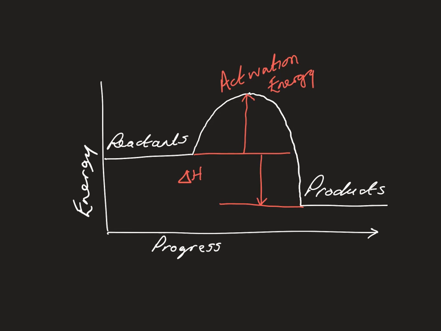In other words, this is what we would call the enthalpy change. And the enthalpy change is the total change in energy for that chemical reaction. And because this arrow points in a downwards direction, this tells us that this particular energy level diagram is for an exothermic reaction. Exothermic.